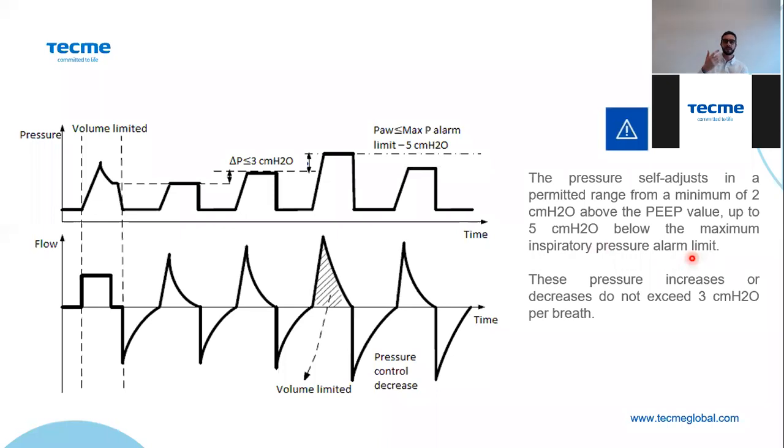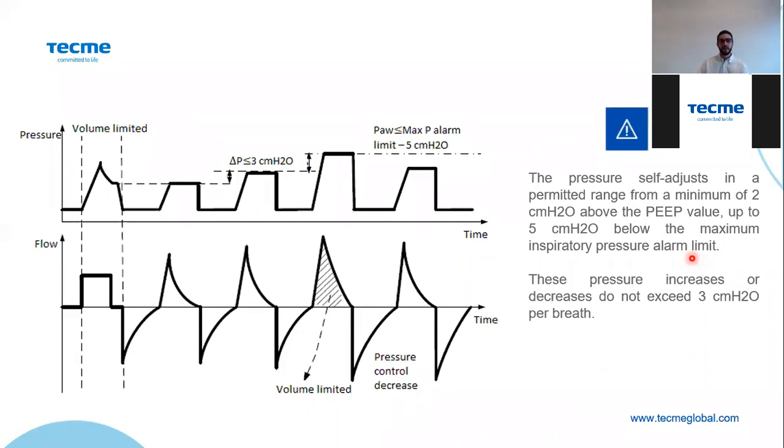Okay, so for example, if you set this maximum inspiratory pressure alarm limit at 40, the pressure will increase automatically up to 35.